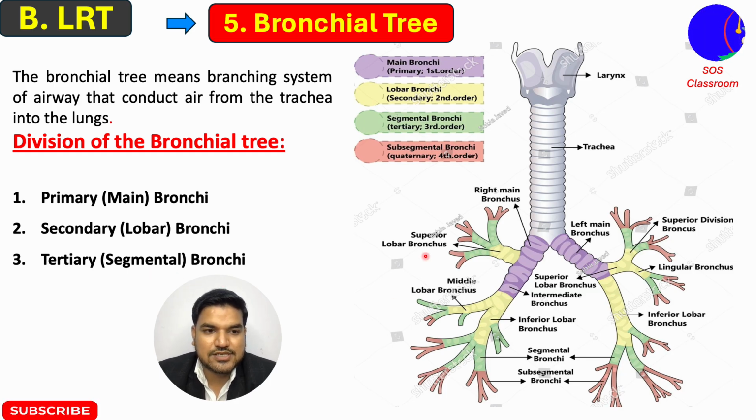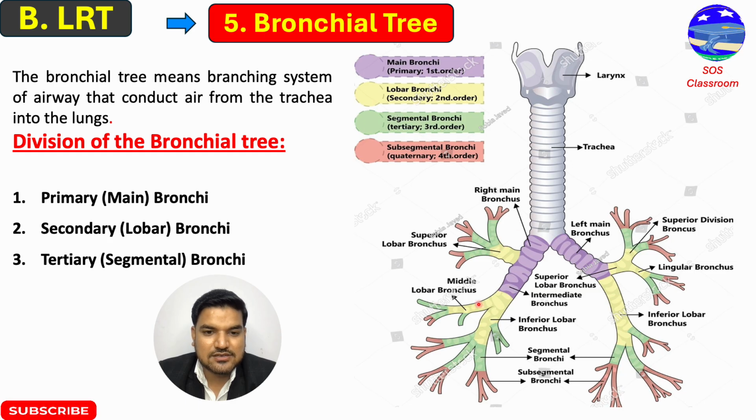So first of all, you can see main bronchi. The trachea divides into right and left bronchus. This is called main bronchi: right main bronchus and left main bronchus. Next, secondary lower bronchi. Lower bronchi means the bronchi present in the lobes. You can see these yellow structures 1, 2, and 3.